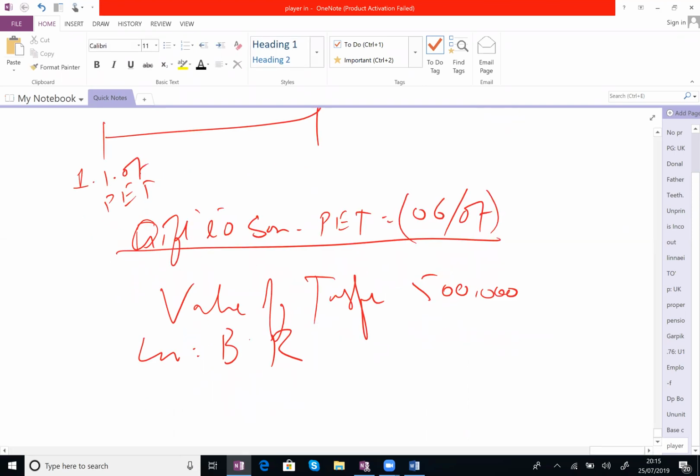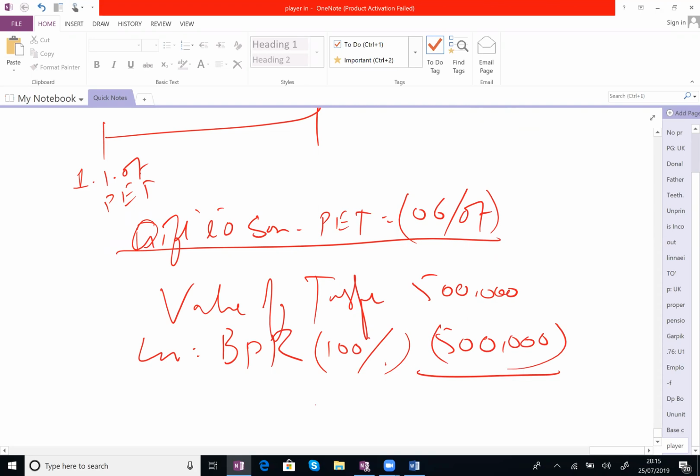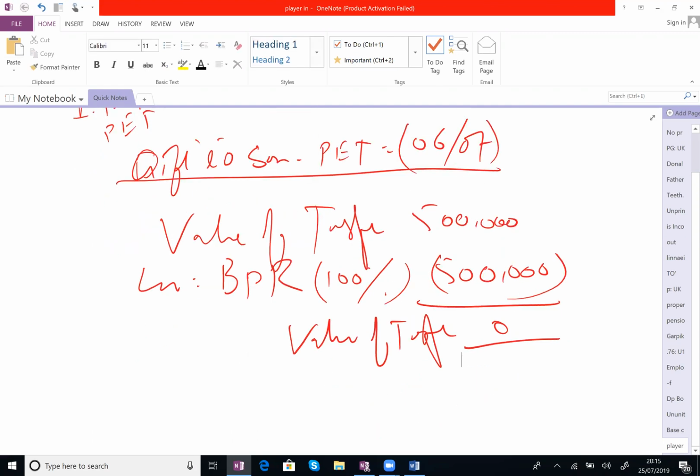How much when you give the business? 100%. So 5 lakh BPR is available, so value of transfer is 0. It means IHT 0. There is no value remaining. So when you calculate the death tax against this PET, there is no death tax because PET value is 0. Any problem? No.